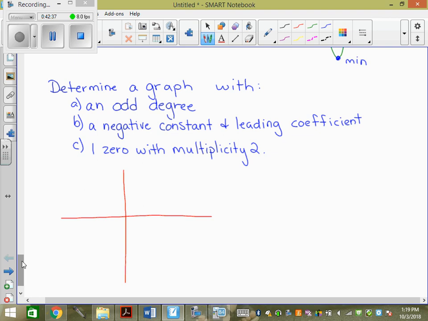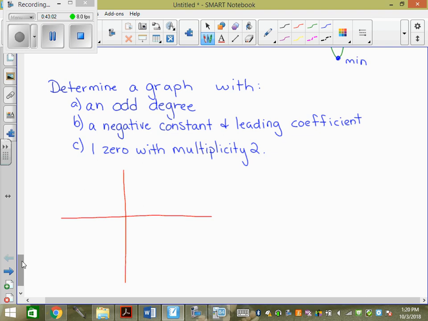Is that possible to be degree 1? No. It doesn't say I have only 1, 0 with multiplicity 2. It just says I have a 0 with multiplicity 2. So I could have more. Right? Okay, so I know my arrows are in opposite directions. I know this has to be at least a degree 3 function. It can't be a degree 1 because I have more than one x-intercept.